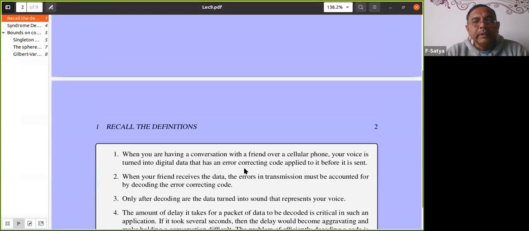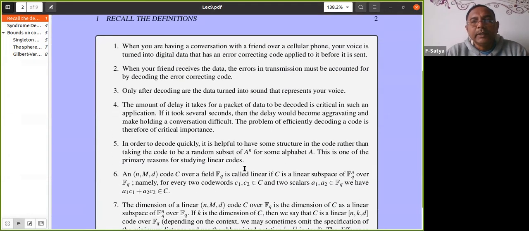So this is a little new stuff, but the same as we discussed, and I wrote it so that it will revise things. When you are having a conversation with a friend over a cell phone, your voice is turned into digital data, and the error correcting code is applied before it is sent to your friend. When your friend receives the data, the errors in the transmission must be accounted for by decoding the error correcting code.